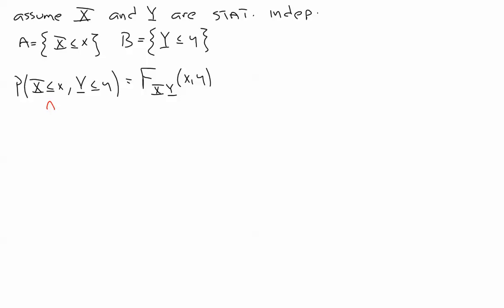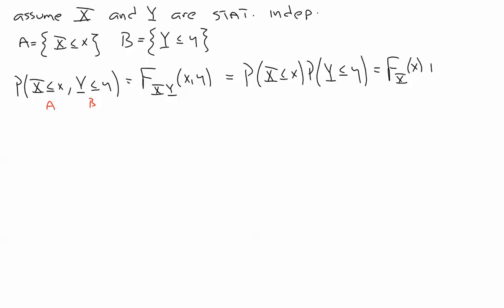This is event A and this is event B. Since my random variables x and y are statistically independent, then events A and B are going to be statistically independent. And I can write my joint cumulative distribution function as the product of probabilities, and that is simply the product of marginal cumulative distribution functions.